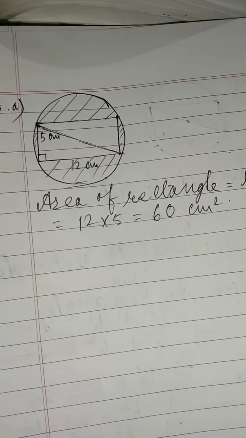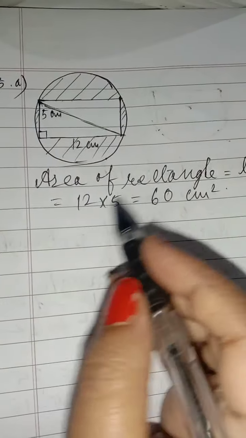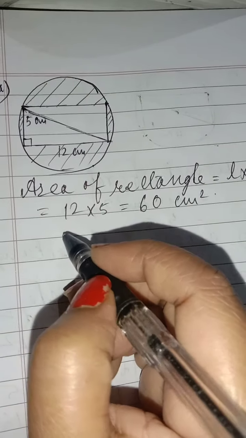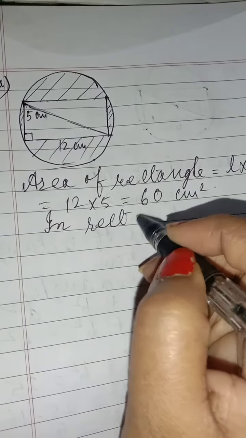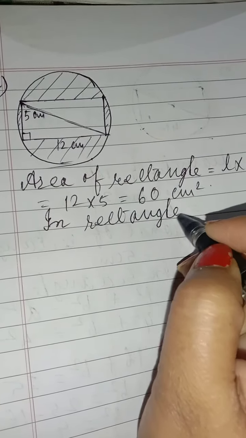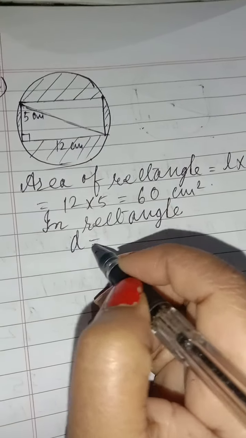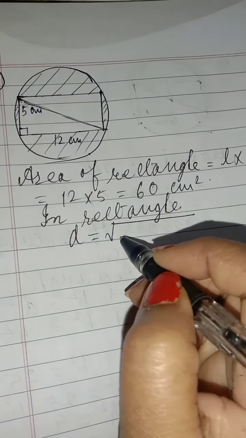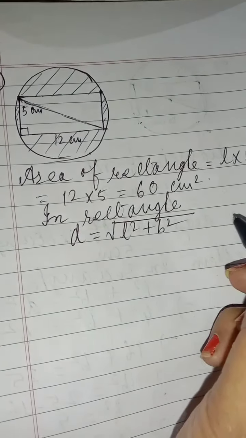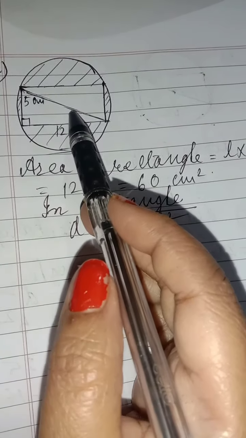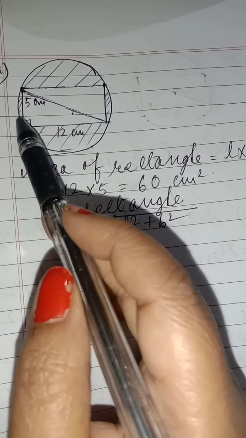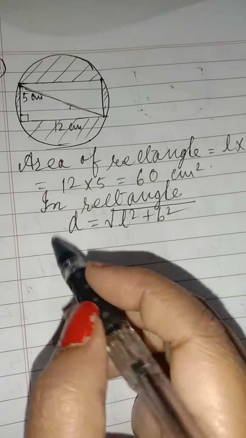We know in a rectangle, diagonal d equals root under L square plus b square. This comes from the Pythagoras theorem, because d square equals L square plus b square. So that was only simplified.